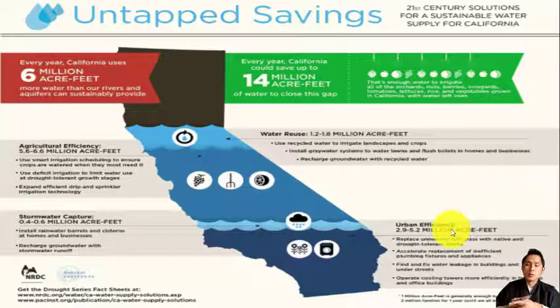Again, with the sensors, whenever we go in front of them, water comes out, and whenever we go away, the water stops. That kind of urban efficiency is being used. That has actually saved 14 million acre feet of water.